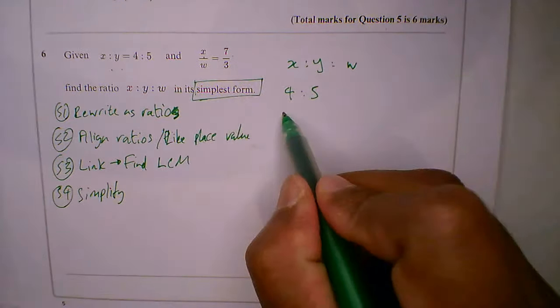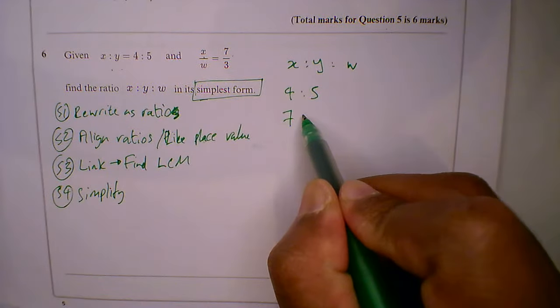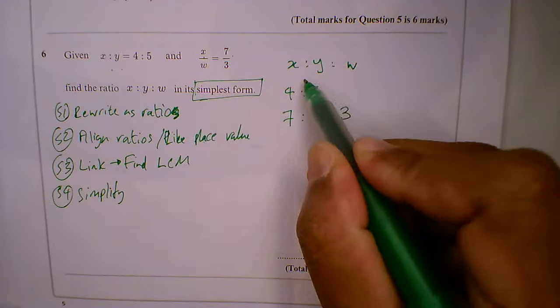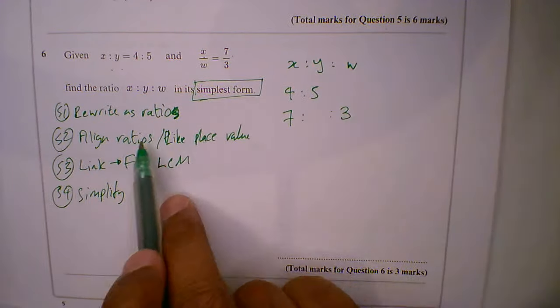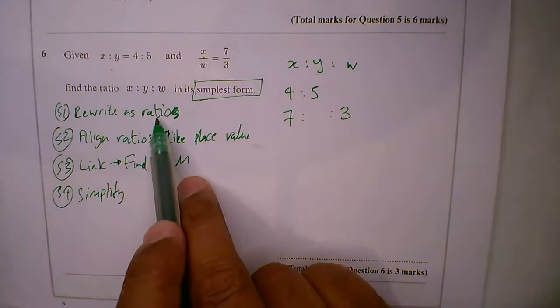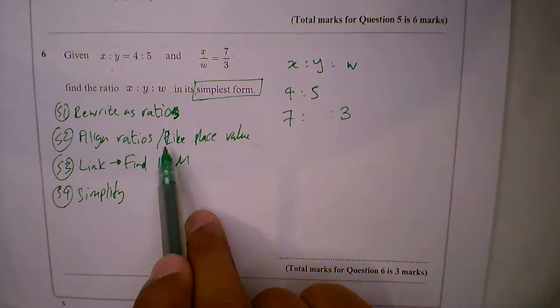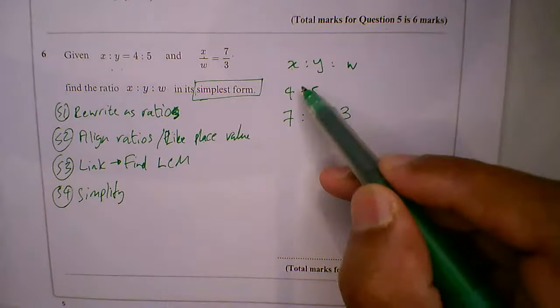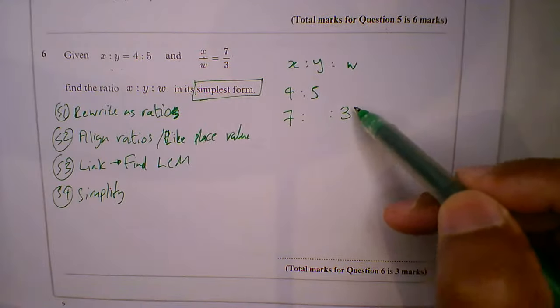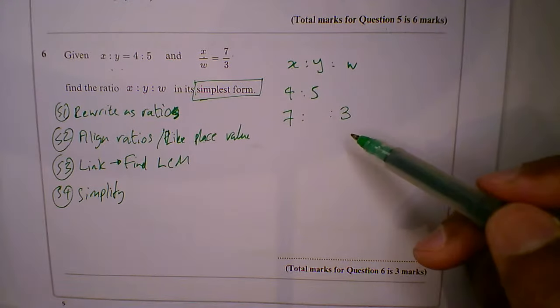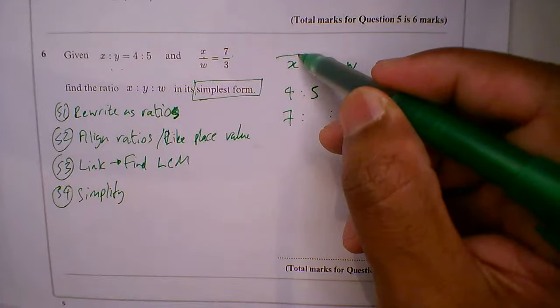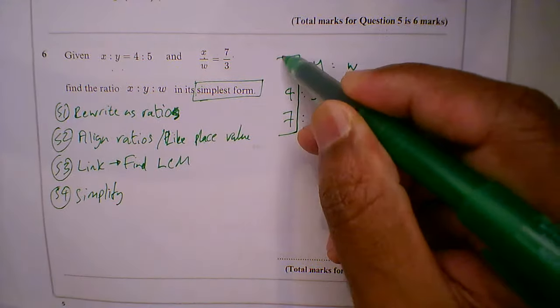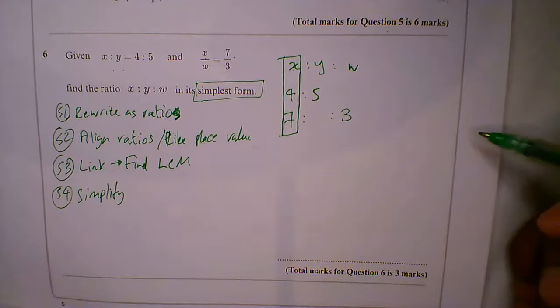X is 7 and w is 3. So can you see what I mean by, so I've rewritten them as ratios and aligned the ratios like a place value. So you can see x's, y's, and w's. They're all aligned. And now you can see the commonality is the x ratio.